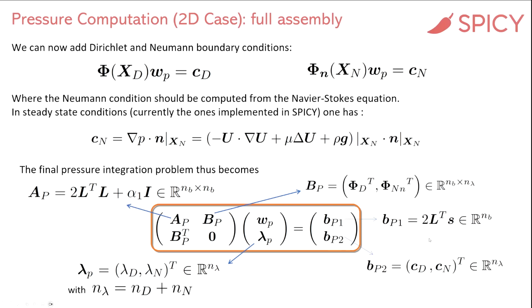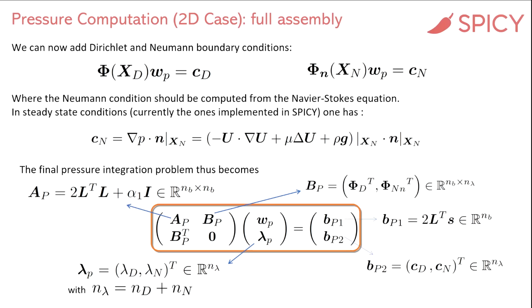On the right hand side we have the usual projection on the target data of our operator, the constraints that we are setting, and our unknowns as usual are the weights of our expansion and the vector of Lagrange multipliers. Note that this is now a scalar problem, so computationally speaking this is usually much cheaper than the velocity regression.